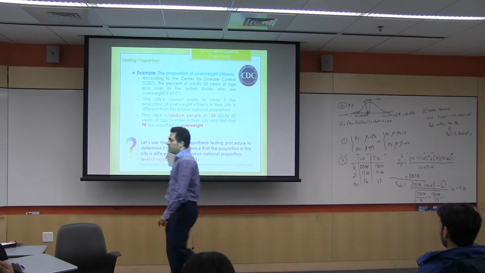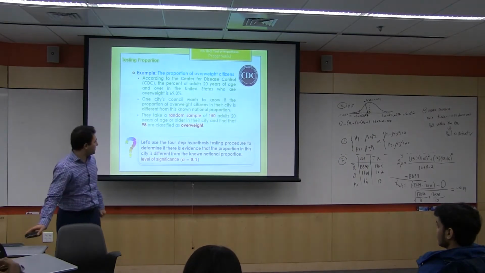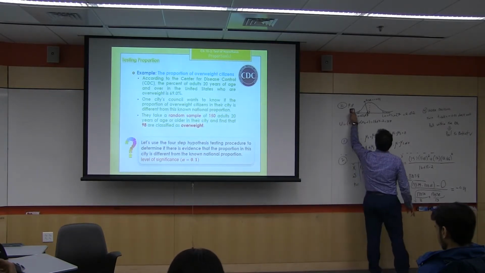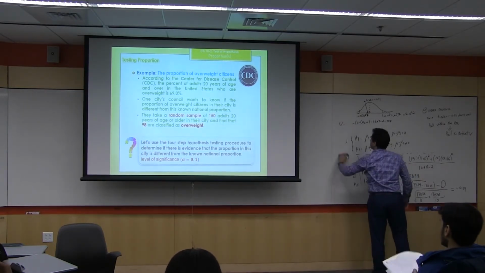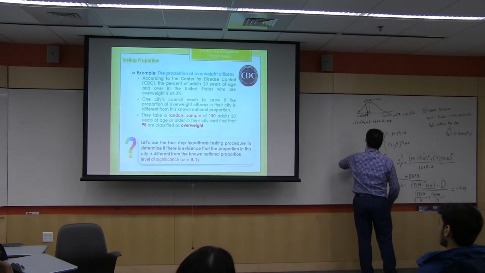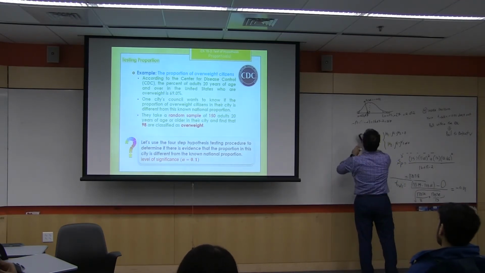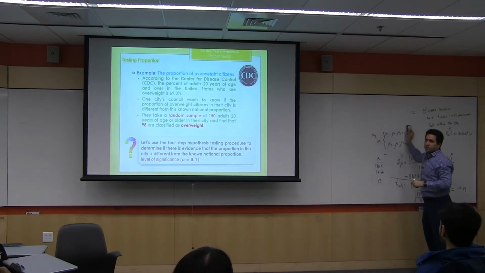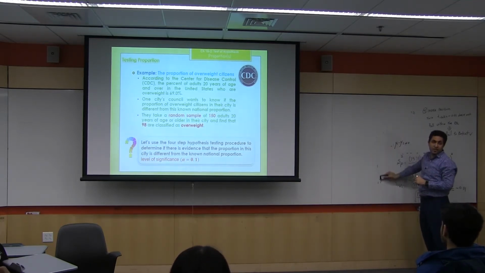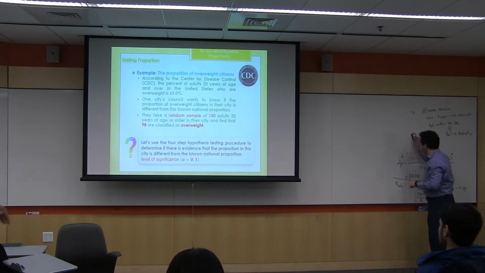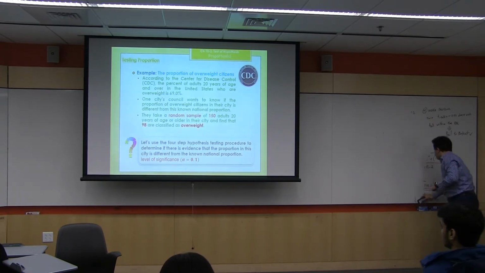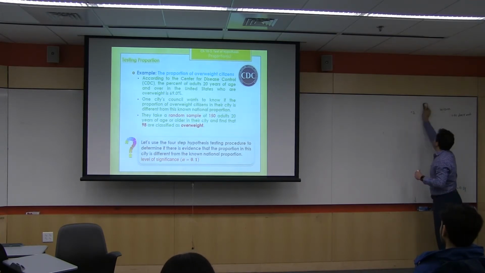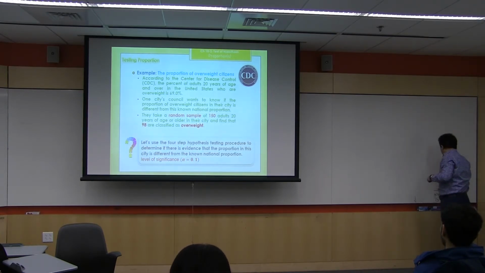So what's the type of the test? Folks, what's the type of the test? Two-tailed test. I just want to see whether the proportion is 0.69 or not. I just skipped the definition part for X, the random variable.